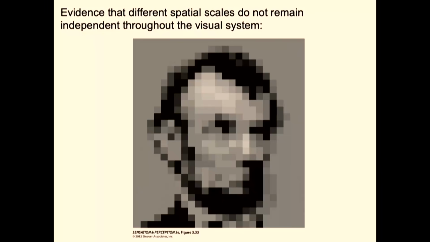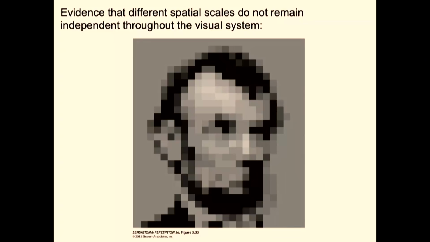And when you squint your eyes, you are filtering out some of those high spatial frequency components, and the fact that makes the image more recognizable is evidence that although we think early in the visual system the high and the low spatial frequencies are decomposed and represented in these different channels, they then must interact in order to mediate object recognition.